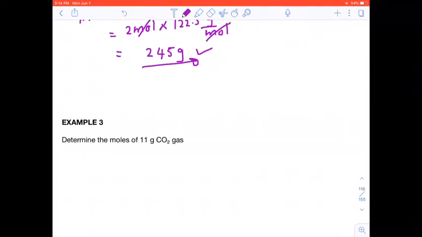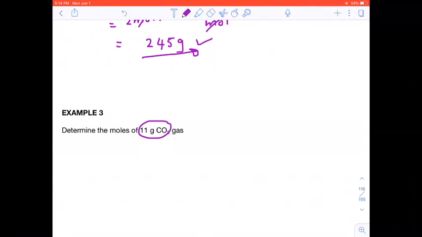Right, let's look at the next one. Determine the moles of 11 grams of carbon dioxide. We start again. N is equal to mass upon molar mass of CO2.